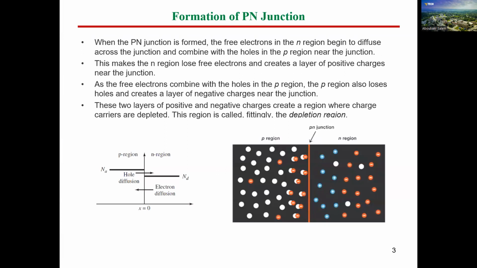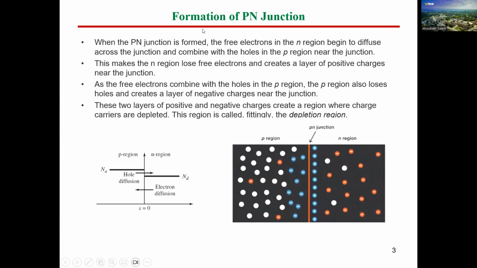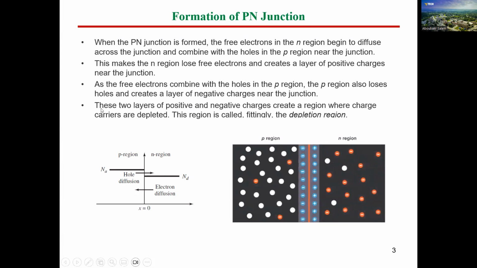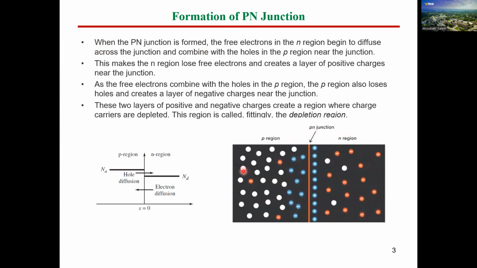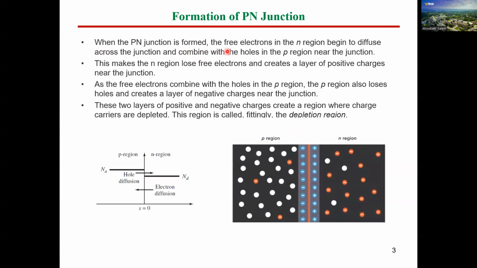Firstly, let's see what will happen if we add p and n material together. Let me have my laser pointer here. When the p-n junction is formed, guys, when you bring a p material and an n material together, what will happen?